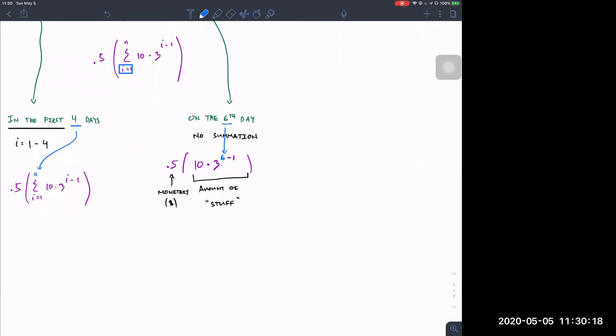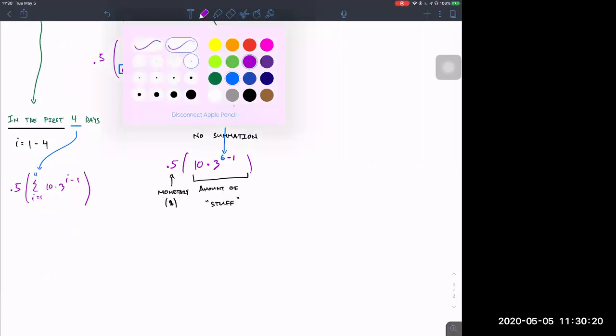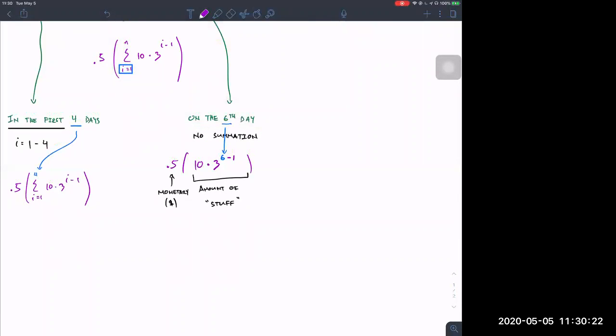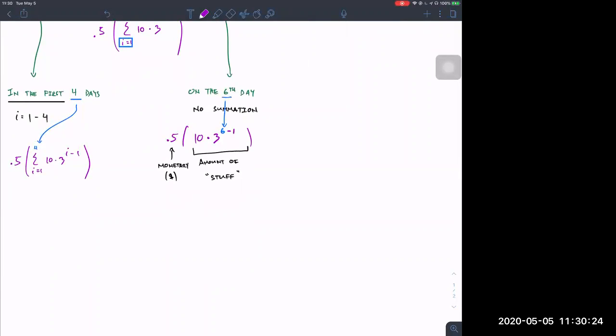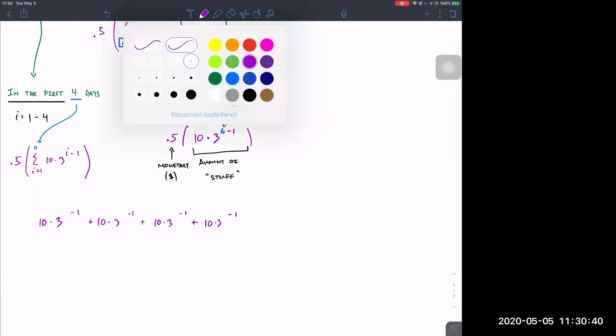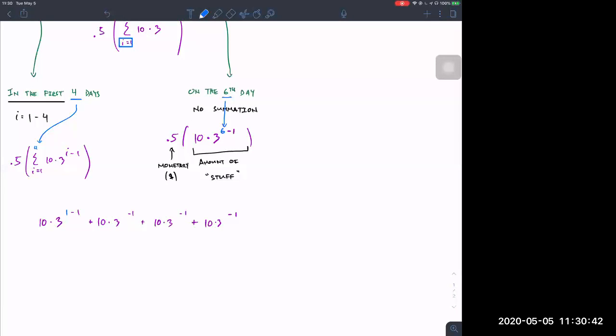It's just that you have to cycle through your days. In other words, if it's 4, you have to do it 4 times, and also remember to add them in between: 10 times 3 to the r minus 1 plus 10 times 3 to the r minus 1, and so on. And again, you have your days 1, 2, 3, 4.